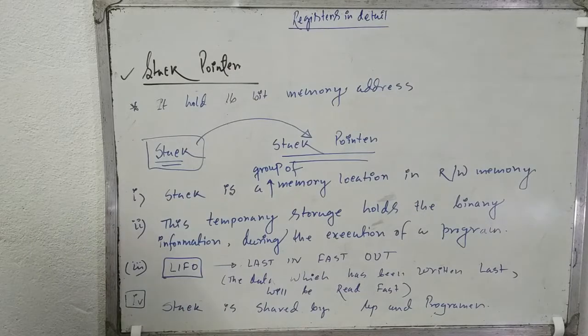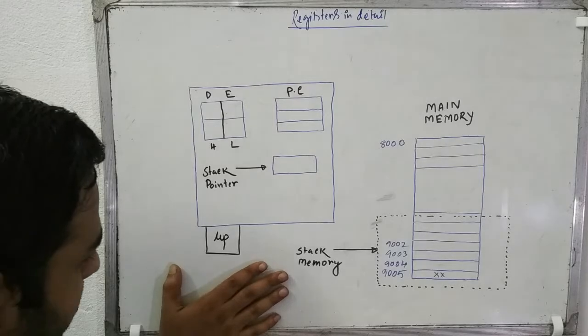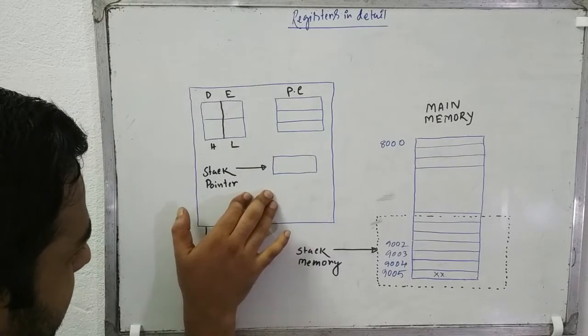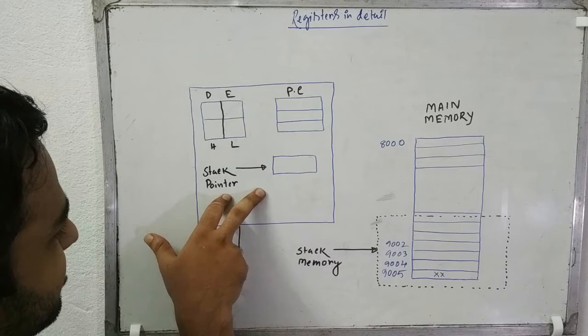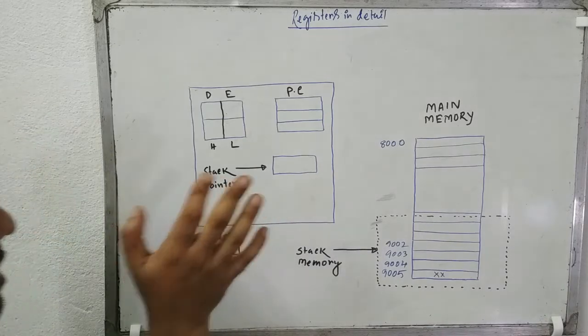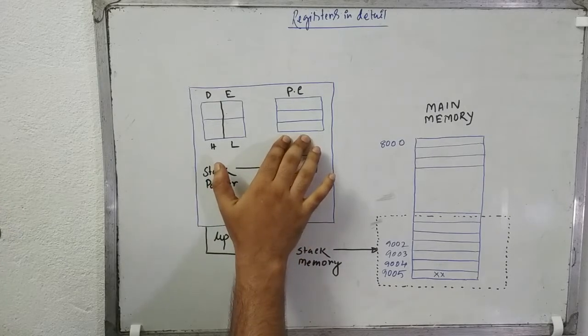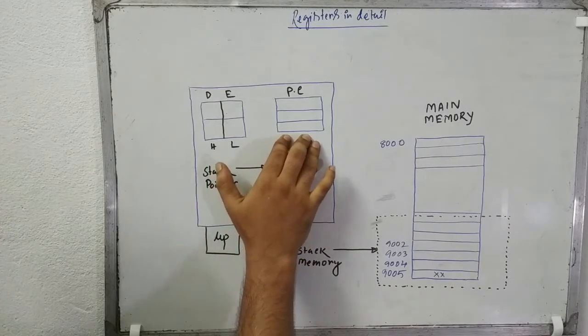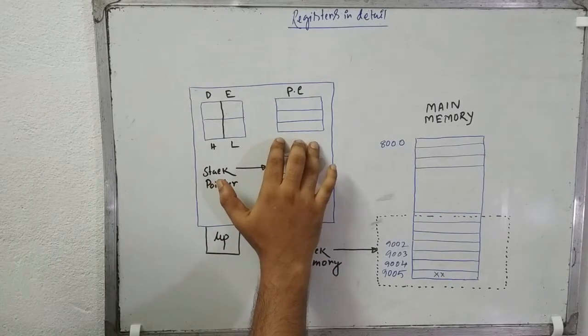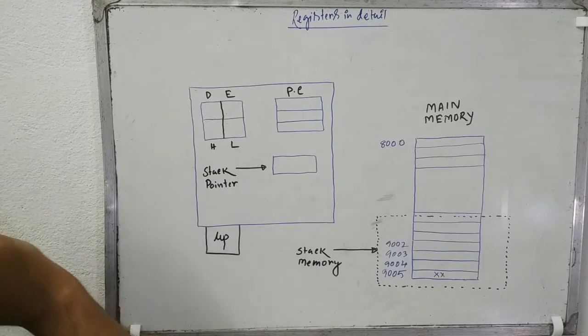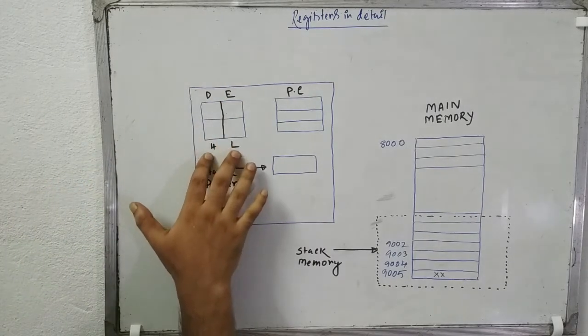Let's draw a diagram, a picture of the stack memory location, that would make your idea clearer. As you can see here, this is a microprocessor. I have depicted some important parts here. One is the stack pointer, which is a 16-bit register which holds a 16-bit address, and this is the program counter which is also a 16-bit register that also holds a 16-bit address, and there are the general purpose registers that you can see, D, E and HL.